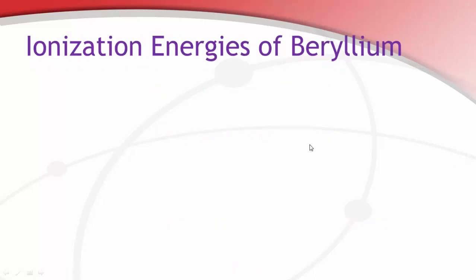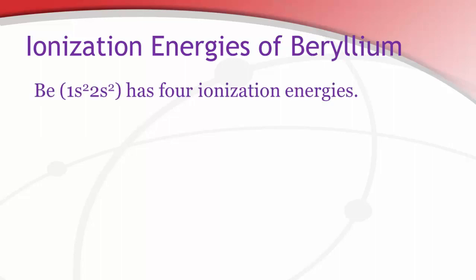Now we can get some insights into the way that electrons are held by an element by measuring these first, second, etc. ionization energies. So let's try that with beryllium. Beryllium has 4 ionization energies because it has 4 electrons that can be kicked off.